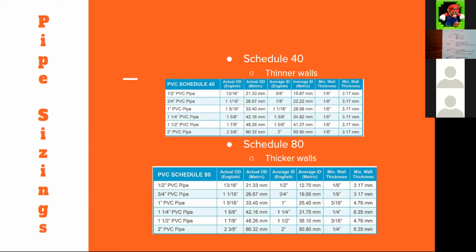If you look at the 1/2 inch for Schedule 40, the outer diameter is the same as a Schedule 80, but the inside diameter is where it's different. Schedule 40 normally has thinner walls, so it is less durable than the Schedule 80, but it has its own advantages, such as it can transport more at the same time compared to Schedule 80 due to the inner diameter being larger.